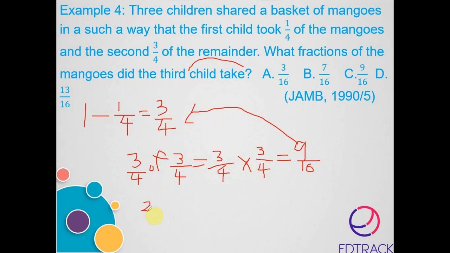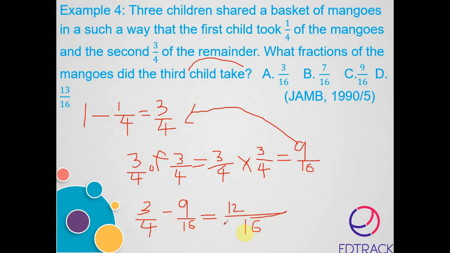Then that will now be 3/4 minus 9/16. I hope this is not so confusing. If you get confused, try it and watch this part again. Now, what is the LCM of this? The LCM is 16. 16 divided by 4 is 4, 4 times 3 is 12.